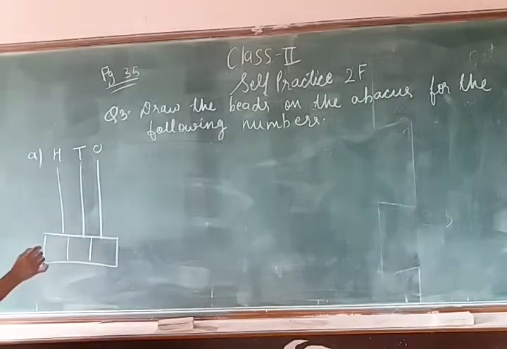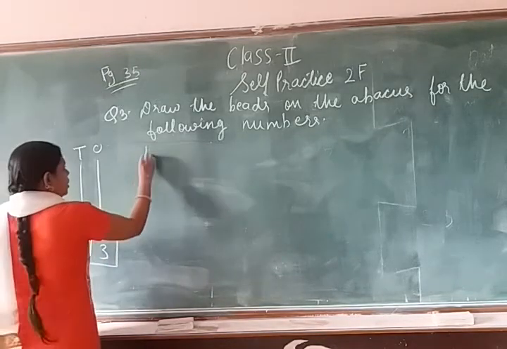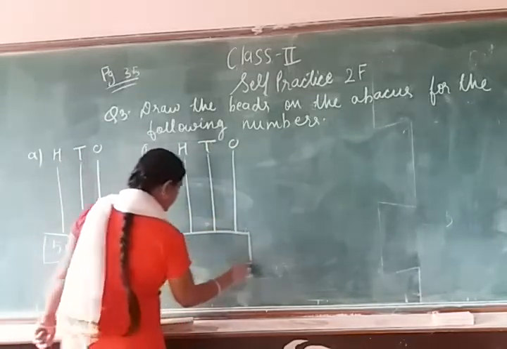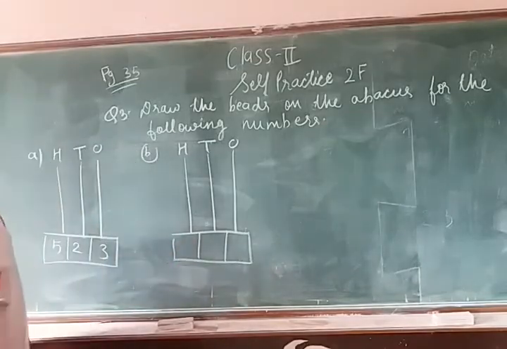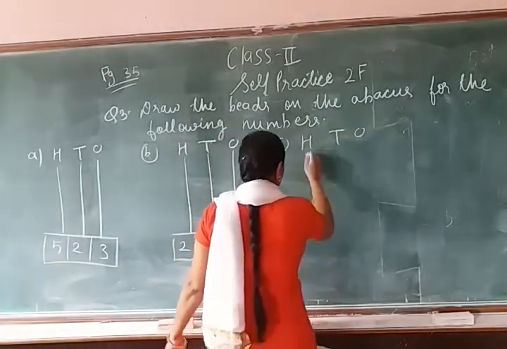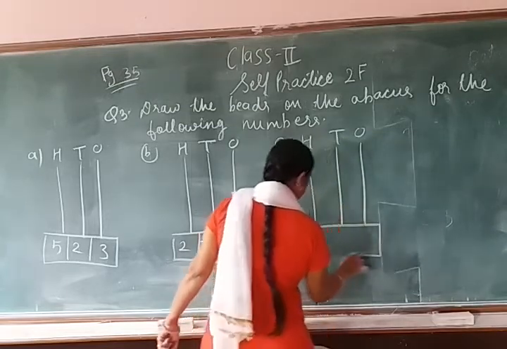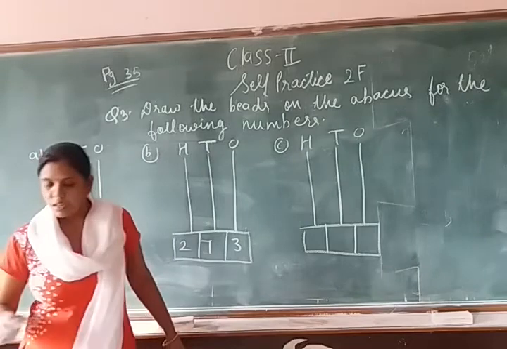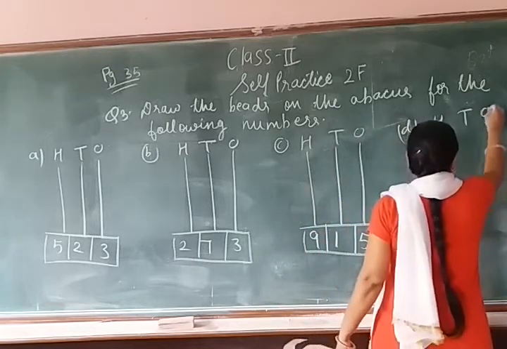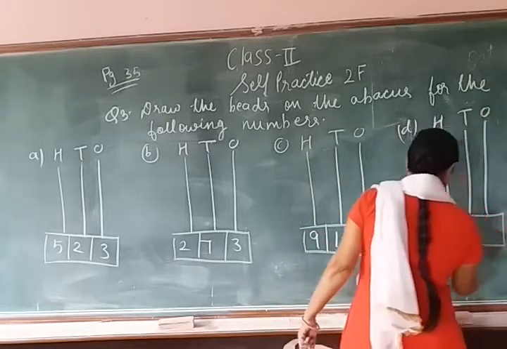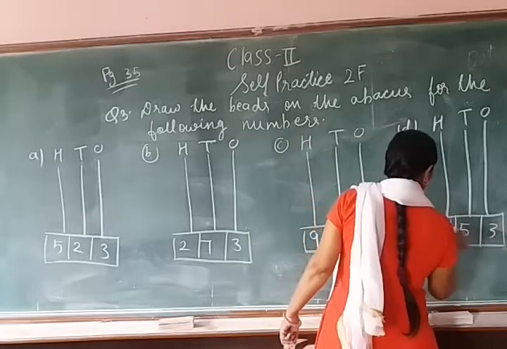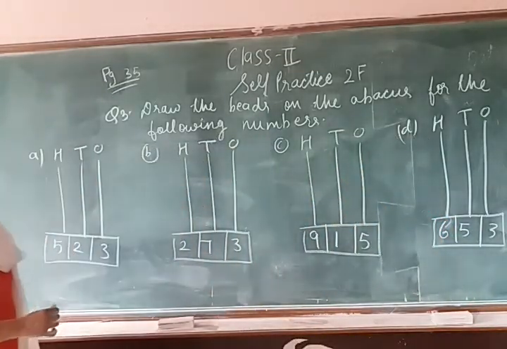Number is given 523. B. Next is 273. C. Next is 915 and D. And the remaining questions, that is E, F, G, H, homework.